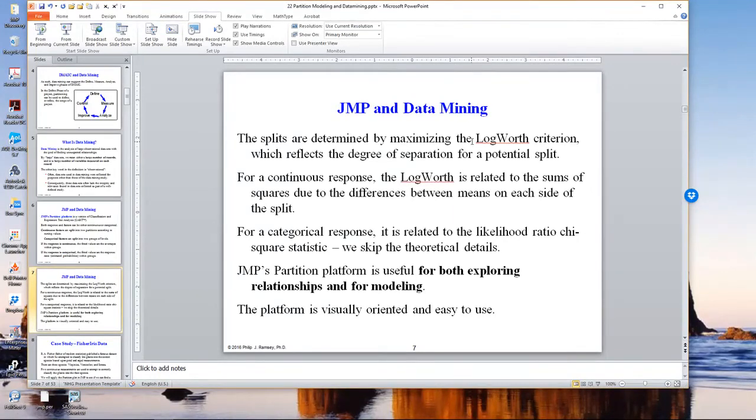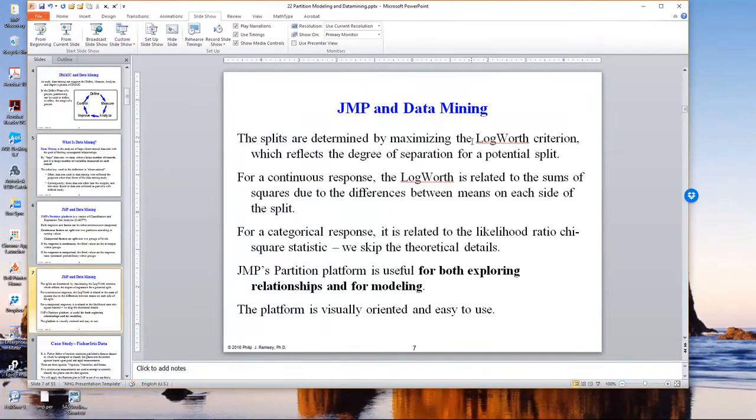I have found in my consulting practice that CART modeling is often the first place I look when I'm trying to get an idea of what potential factors or predictors might be most closely related to the response.